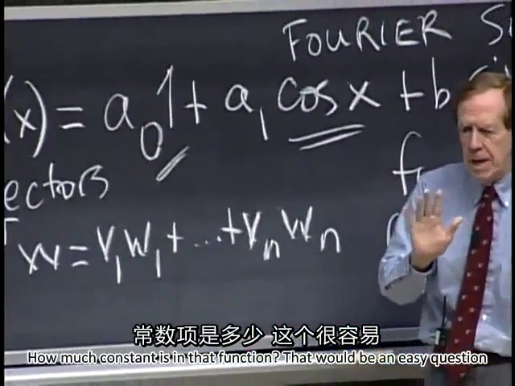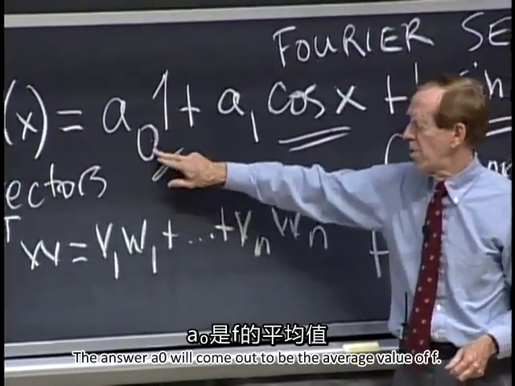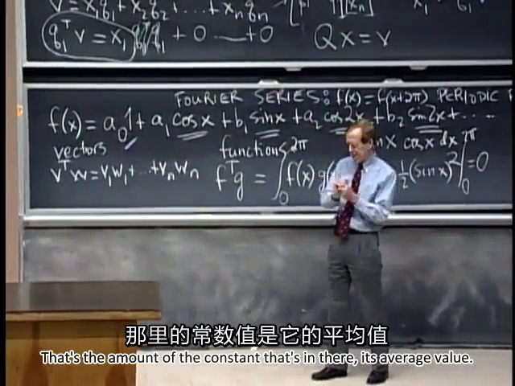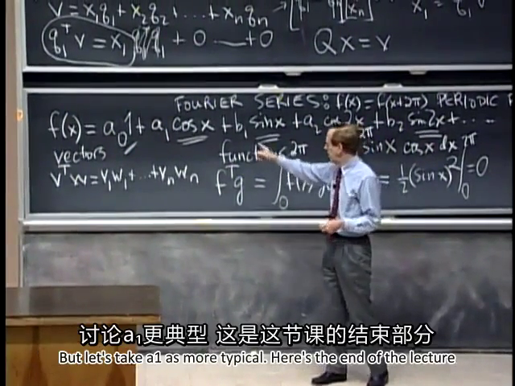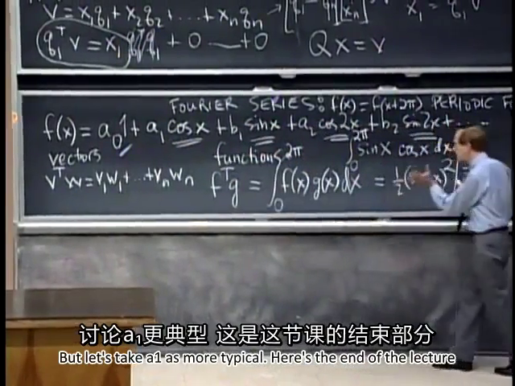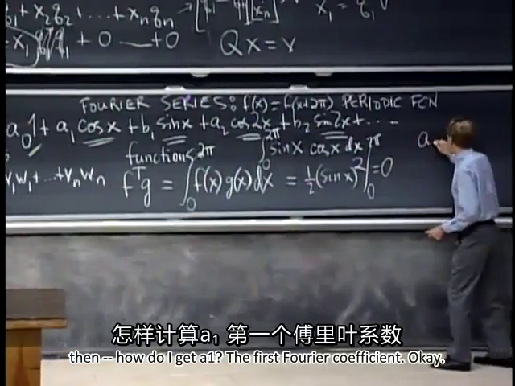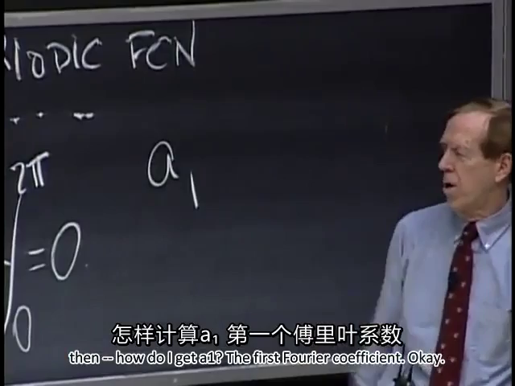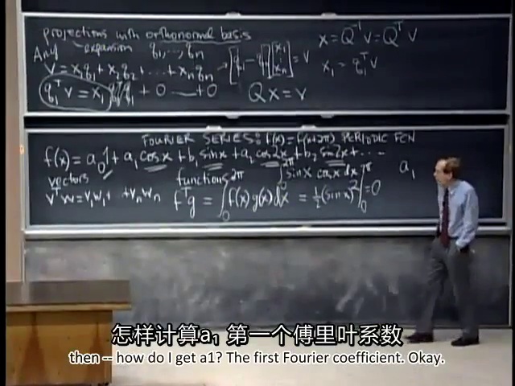That would be an easy question. The answer, A0, will come out to be the average value of f. That's the amount of the constant that's in there, its average value. But let's take A1 as more typical. Here's the end of the lecture then, how do I get A1? The first Fourier coefficient.